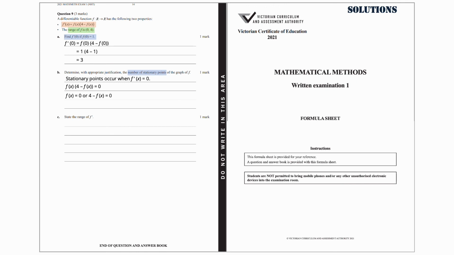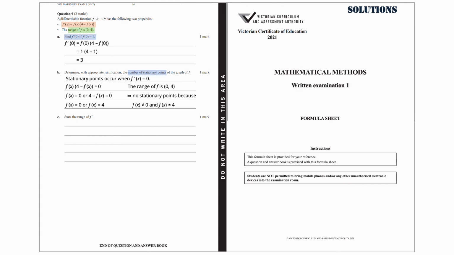So f of x equals 0 or f of x equals 4. Since the range of f is from 0 to 4 open ends, there are no stationary points because f of x cannot be equal to 0 and f of x cannot be equal to 4.